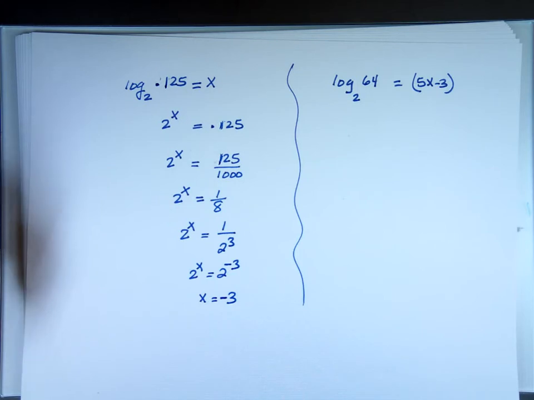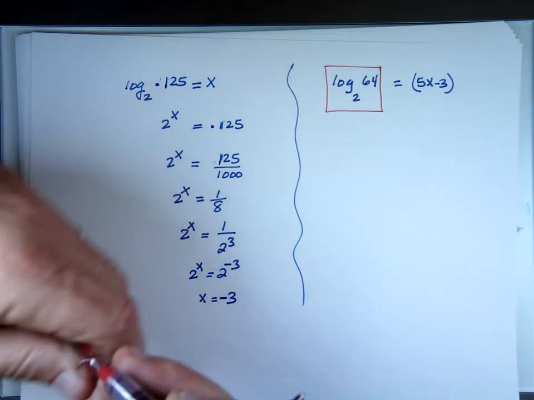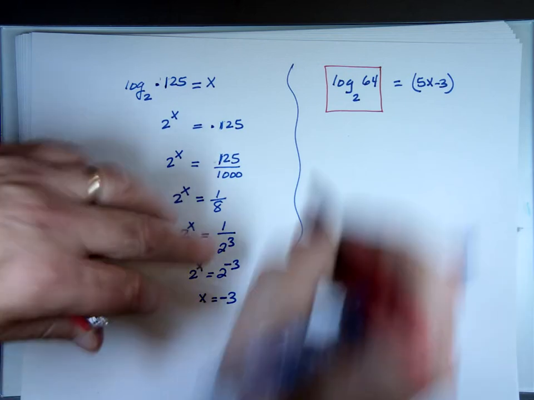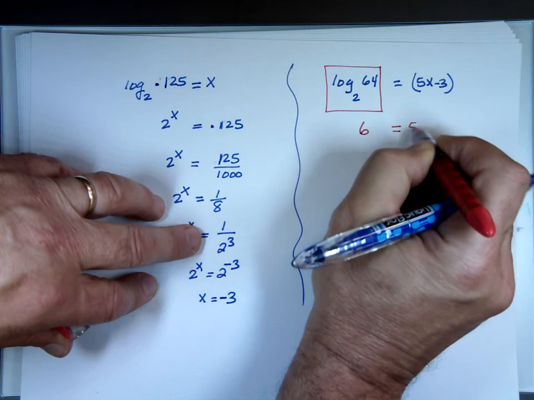Do we know what the answer to this side is? Yeah, 6. 2 to what power is 64? 6. 2 to the 5 is 32. So the answer to this side is 6. 6 equals what? 5x minus 3.